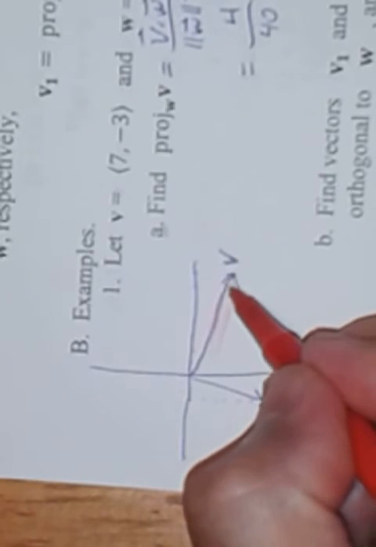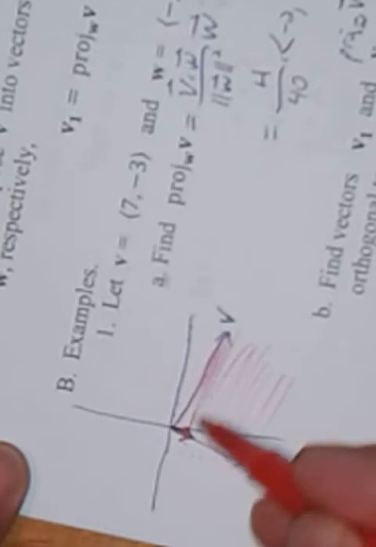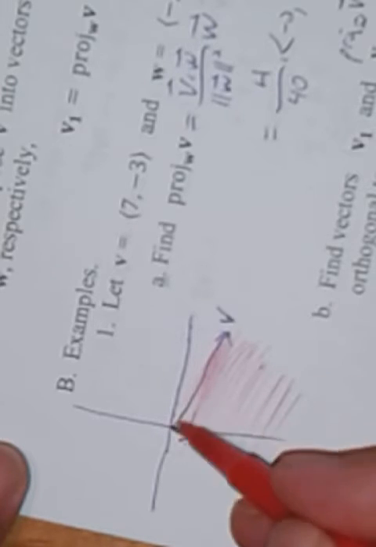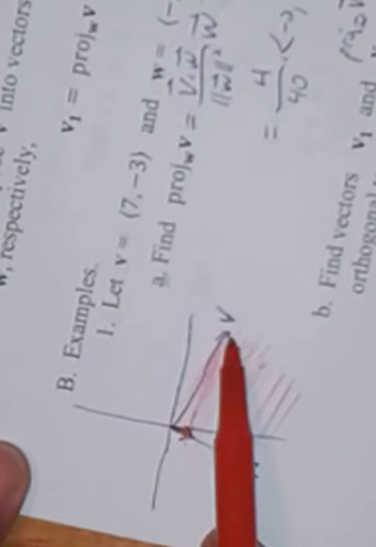So the shadow of V would be right here along vector W. The vector we found, negative 1/5, negative 3/5, is right there. It's on W, and it's the shadow of V when we shine rays that make a 90-degree angle. That's why it's called a projection of V onto W.